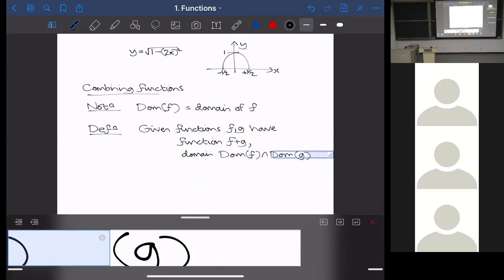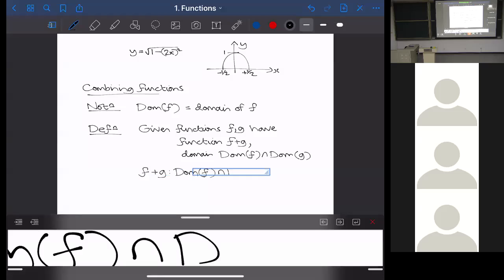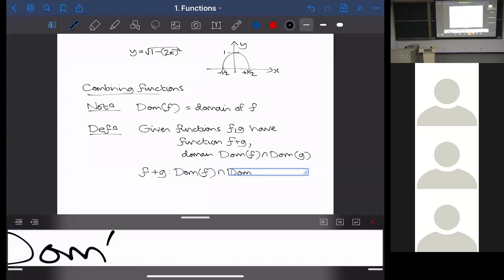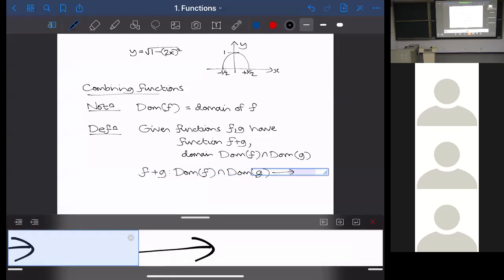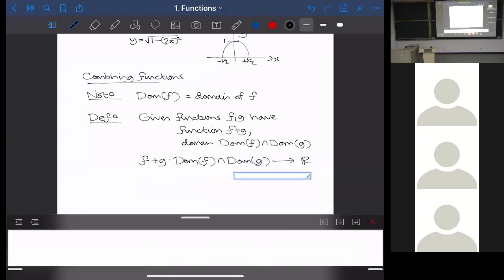So how do I define that function? F plus g. And it goes from the intersection of these domains to R. And it takes as input x and gives us output.